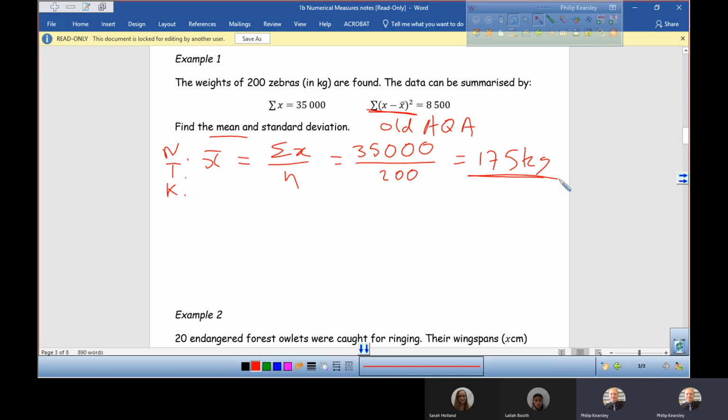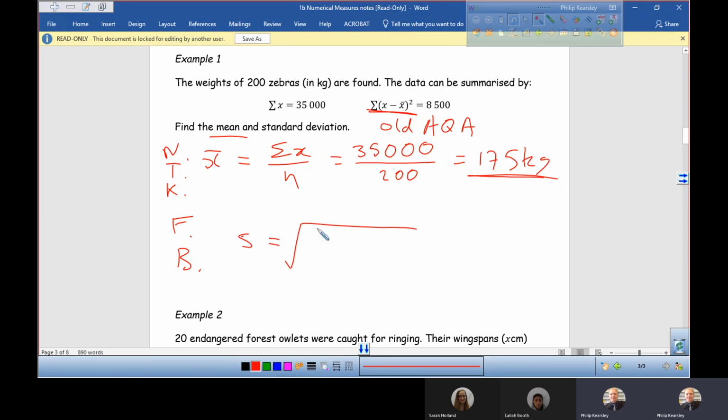Using the formula booklet, the one we want is s. Given the type of summary statistic that's been given, both formulas involve square root of 1 over n minus 1 times by something. If it's the sigma x squared, we have a bracket sigma x squared minus (sigma x) whole squared over n. The one we've been given is actually a little bit easier, because they've done most of the analysis for us.